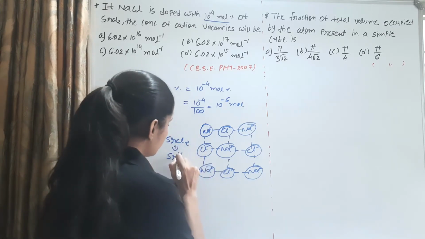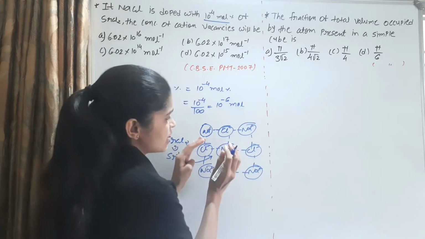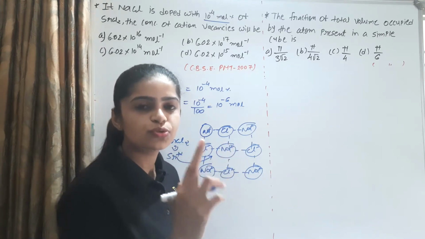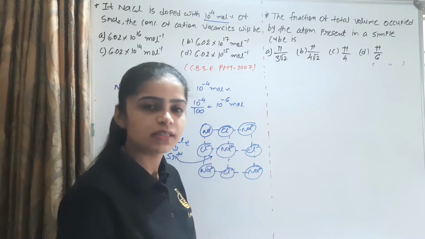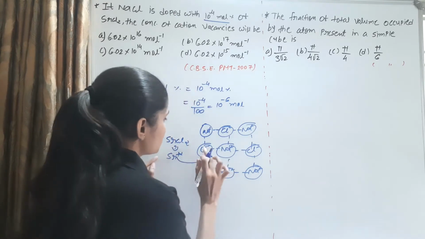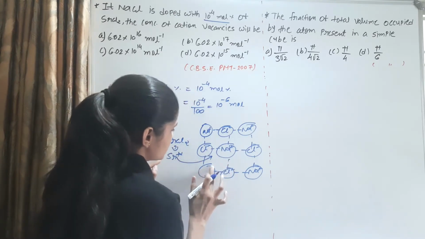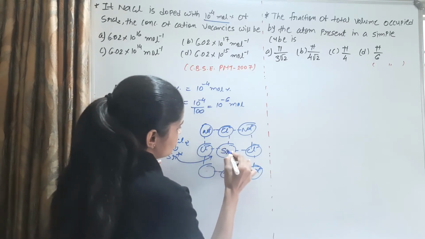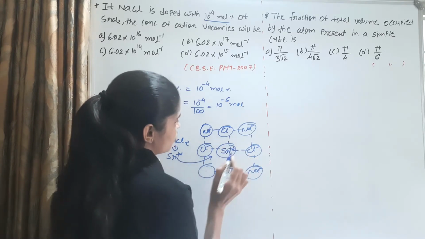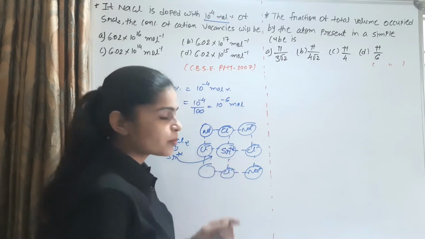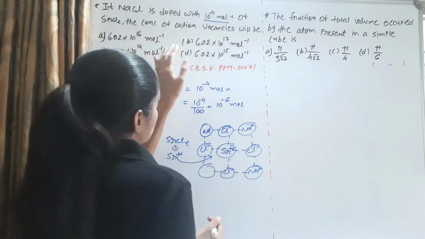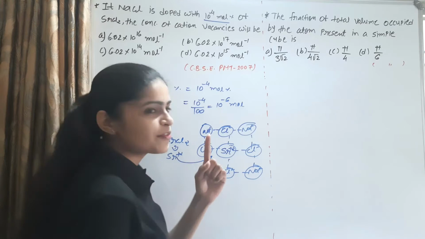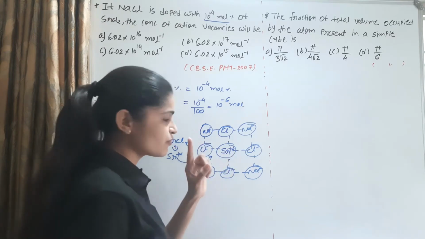So when one Sr plus 2 is doped into this NaCl crystal, it removes 2 Na plus because of electrical neutrality. For example, this Na plus and this Na plus are removed, and Sr plus 2 occupies this place. So when the NaCl crystal is doped with Sr plus 2, one vacancy is present in this crystal.